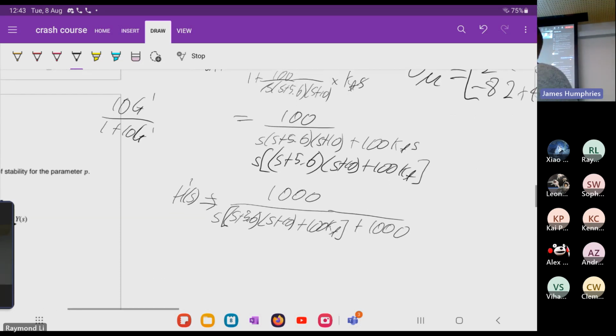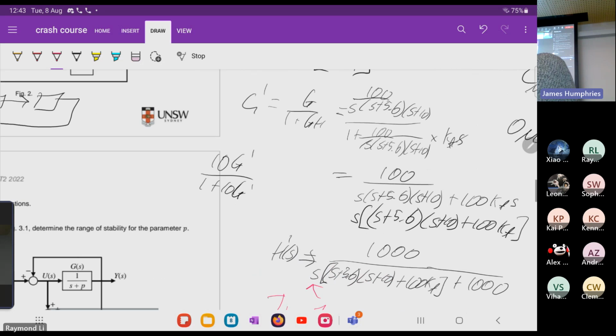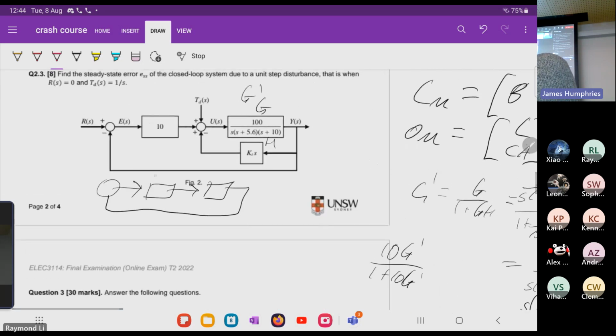Now, what type of system is it? Type 1. Perfect. It is type 1. And the reason is pole at origin. Specifically, pole at origin in that path.